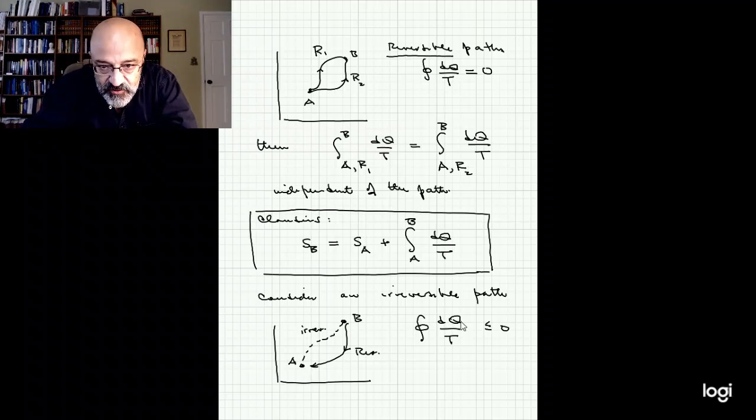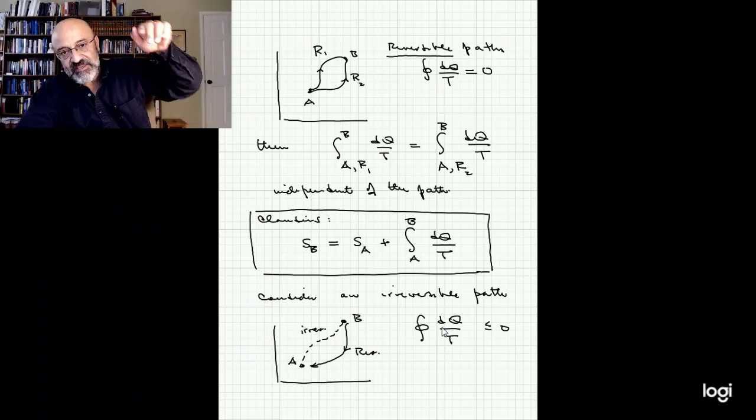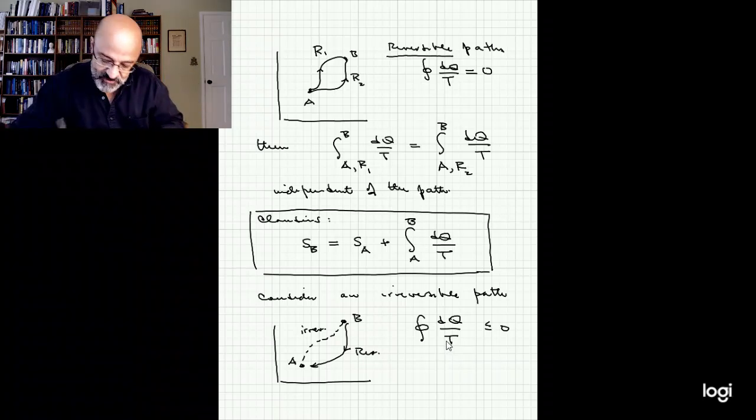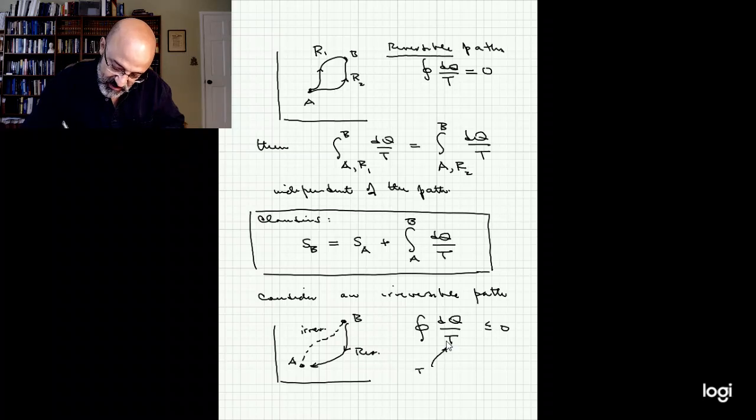Now, what does dQ mean here? dQ is the heat provided by the reservoirs at the temperature T. T is the temperature of the reservoirs, so this is the T of the thermal bath.